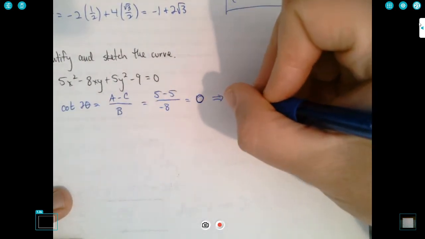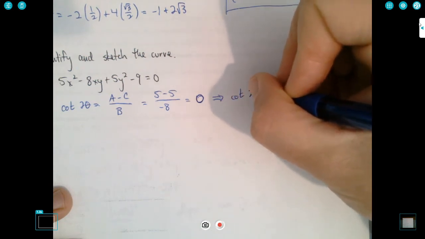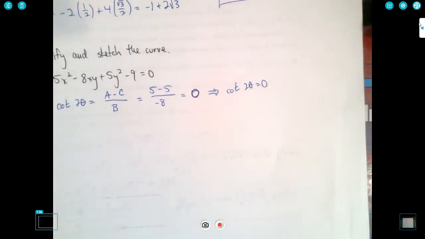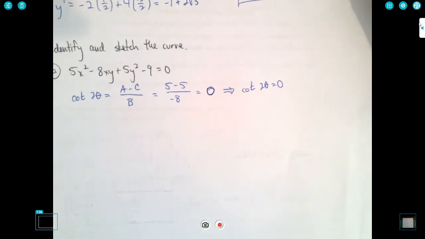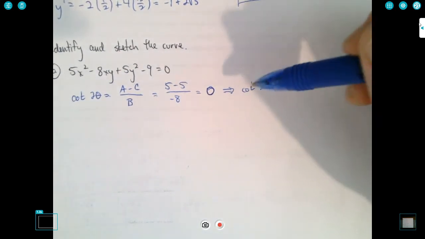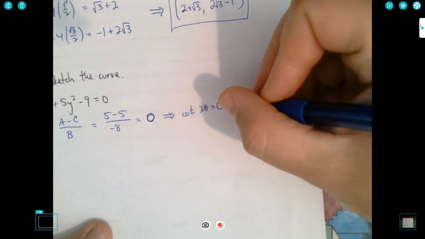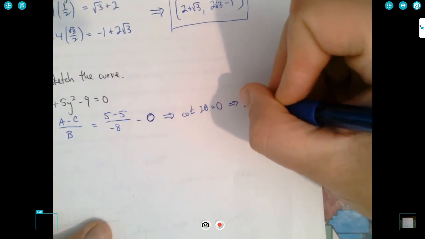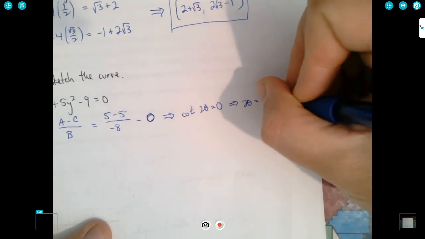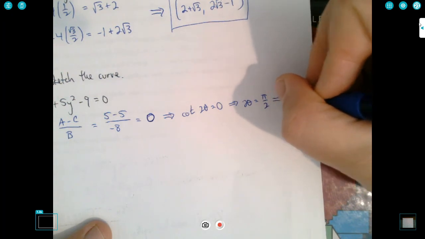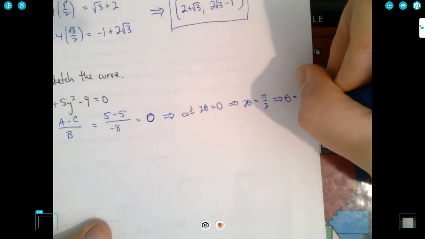So if cotangent 2 theta equals 0, and also remember theta is an acute angle, when is cotangent equal to 0? Cotangent is equal to 0 at pi over 2. So 2 theta equals pi over 2, and that means theta equals pi over 4.